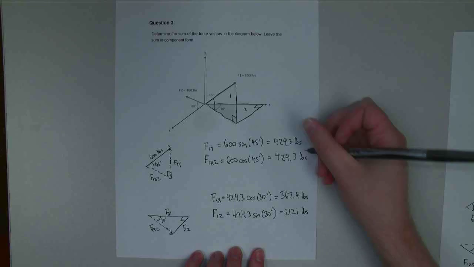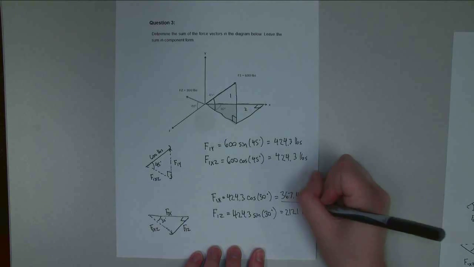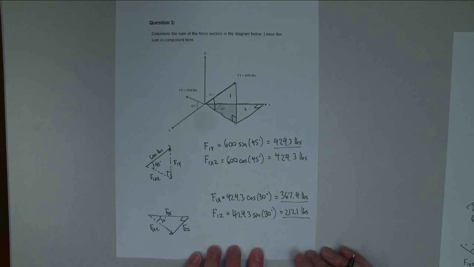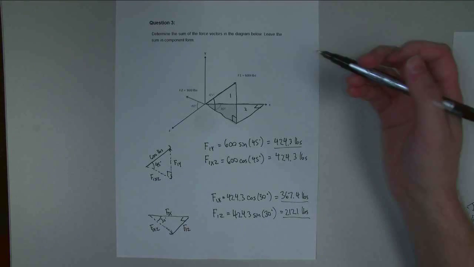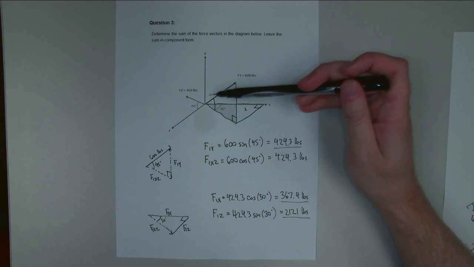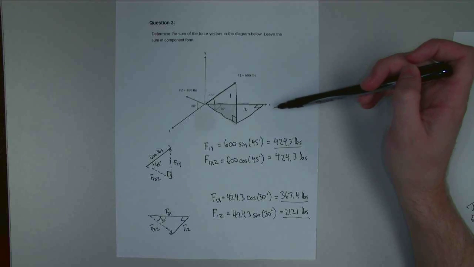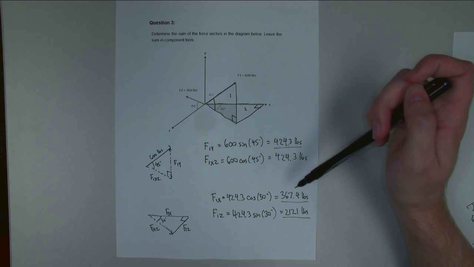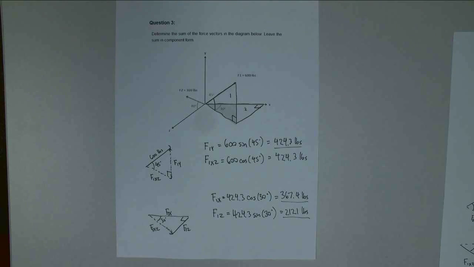Alright, so now I have the x, y, and z components of that F1 vector. At this point, it's usually good to double check to make sure that the signs are correct. And so it looks like it's positive in the x direction, positive in the y direction, and positive in the z direction for all three of these. So what I have written will be correct there.